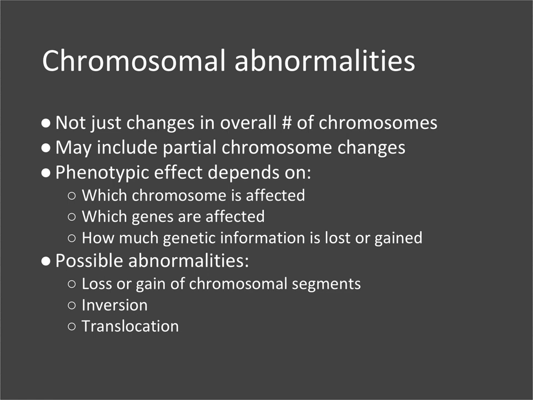If it's just a little bit of a chromosome that breaks off from one and attaches to another one, it might not be a problem. But if it's an entire arm, that can cause more problems because more genes are affected. So the possible abnormalities could be a loss or gain of chromosomal segments. It could be something called an inversion or a translocation, and we'll talk about these on the next couple slides.